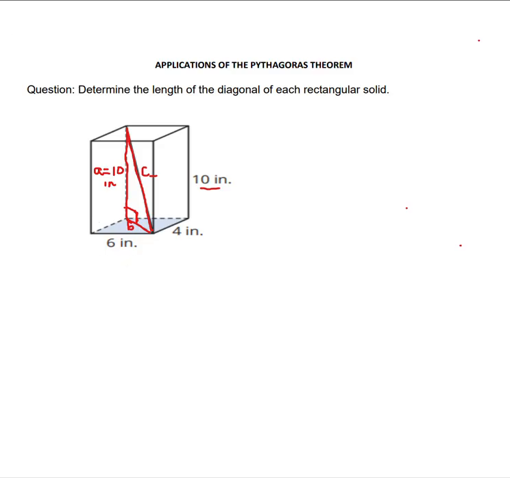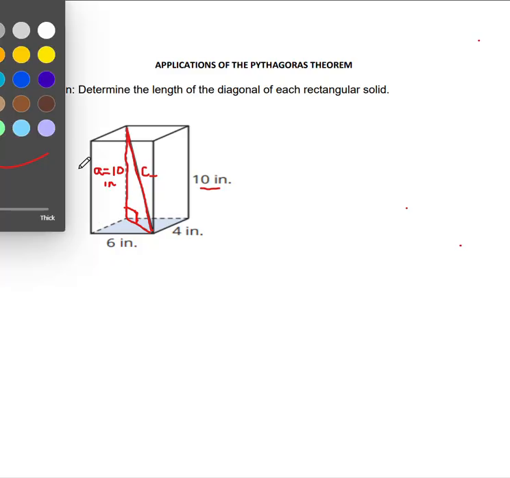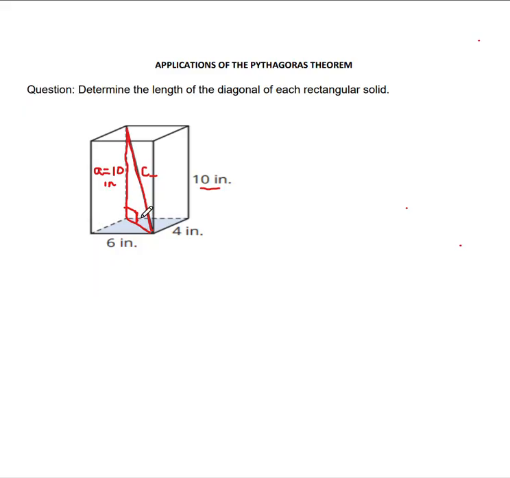So we have A, which is 10 inches, and we know that B here represents the base of this triangle that is formed inside of this rectangular solid. We're interested in finding the value of C, C being the diagonal of this triangle that I have marked.